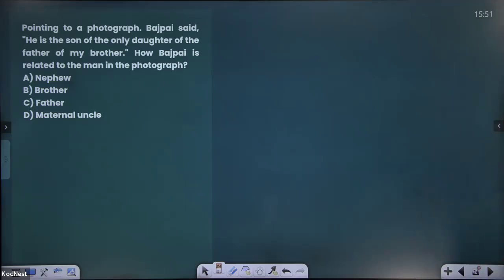Next. Pointing to a photograph, Bajpayee said, he is the son of the only daughter of the father of my brother.